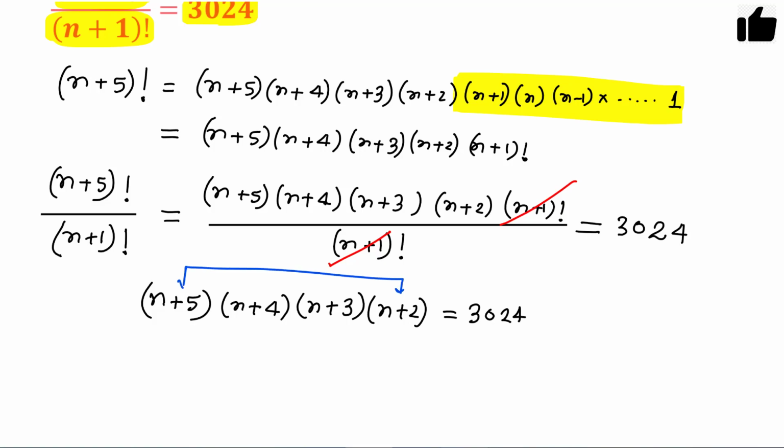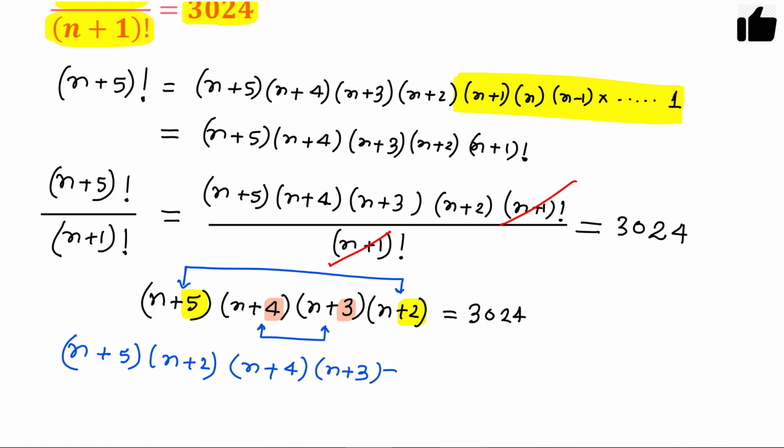Let us keep these two terms together and these two terms together, because 4 plus 3 is 7 and 5 plus 2 is also 7. So we will have (n+5)(n+2) times (n+4)(n+3) equals 3024.